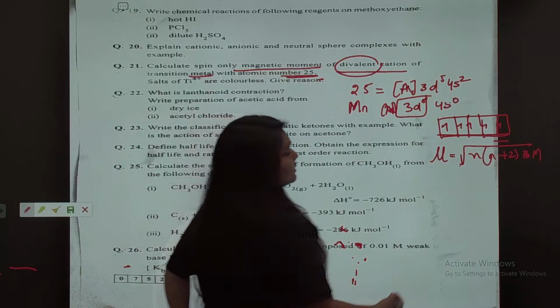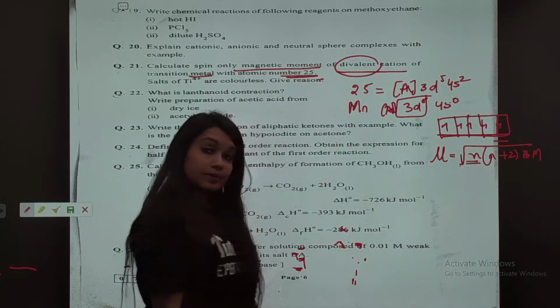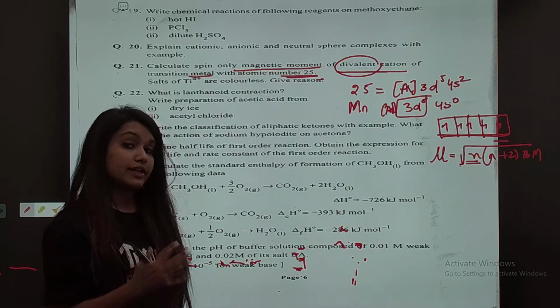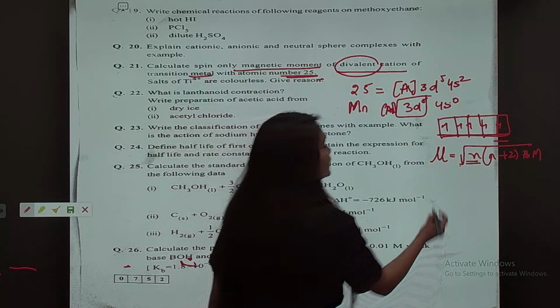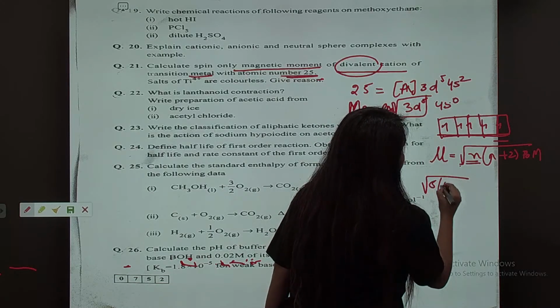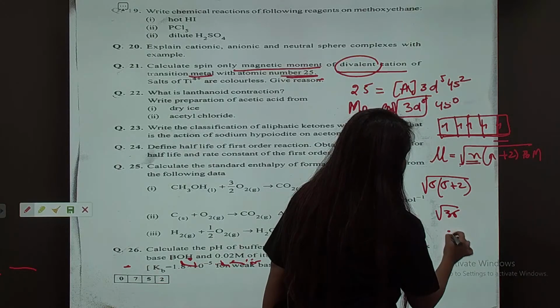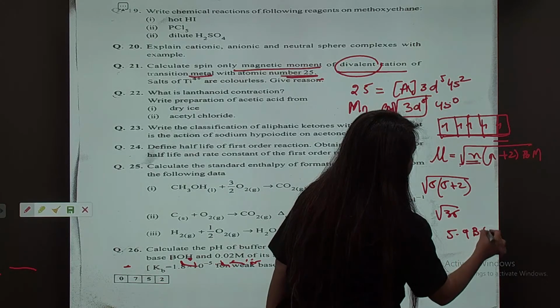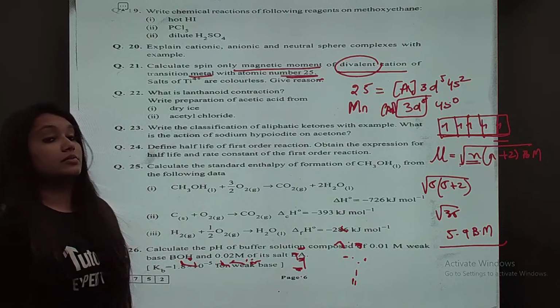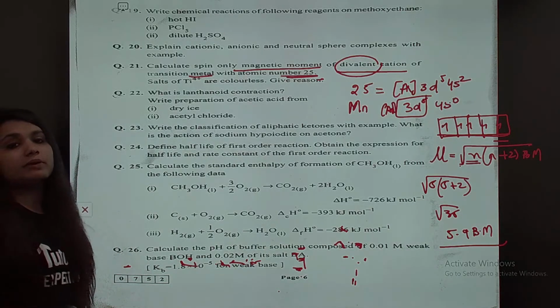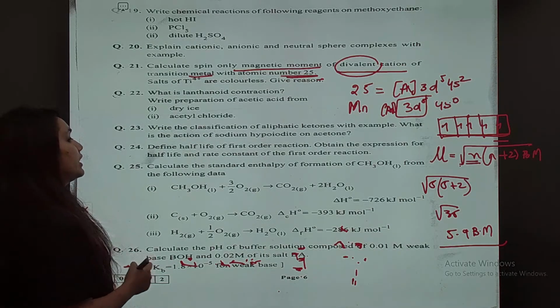Let us figure this out. Now n is nothing but the number of unpaired electrons. In this case, the number of unpaired electrons is 5. Simply put the value 5 here. So you're going to get 5 times 7, which is going to give you root 35, which in turn gives you 5.9 BM. That's your final answer, nothing but the magnetic moment of a divalent metal having atomic number 25.